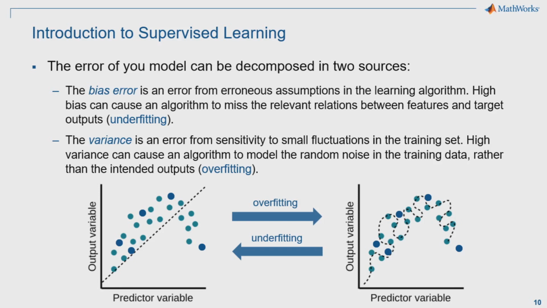The other source of error is the variance, and the variance instead is an error from the sensitivity to small fluctuations. In particular, if you tend to use all your dataset to train your model, what typically happens is that, as I said before, your classifier tends to model also the small fluctuations that are present in the dataset.